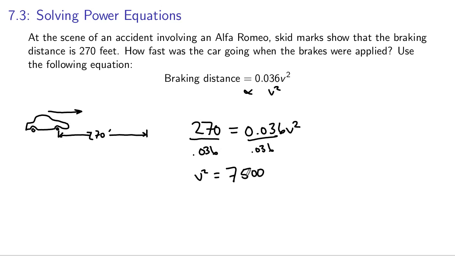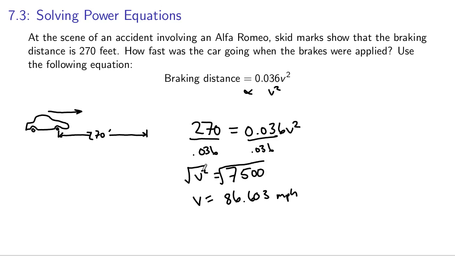That tells us the square of the speed. To find the speed, we need to take the square root of both sides of the equation. The speed must be 86.603 miles per hour.